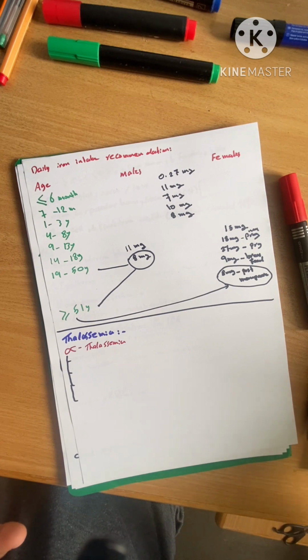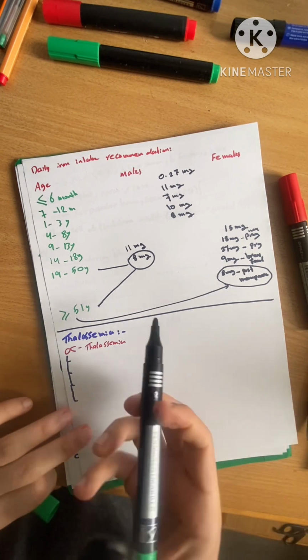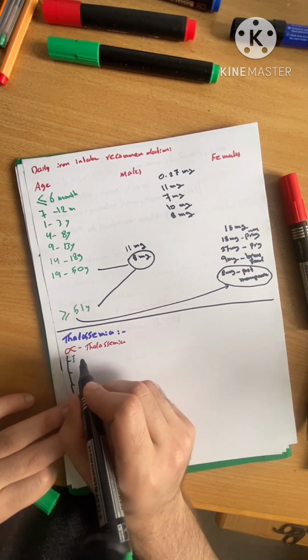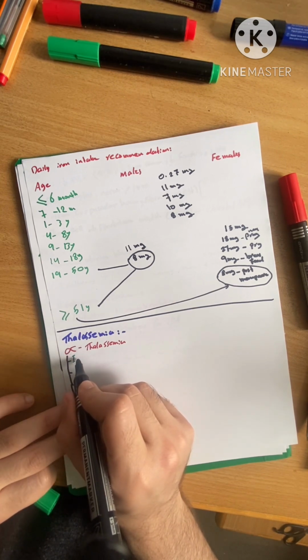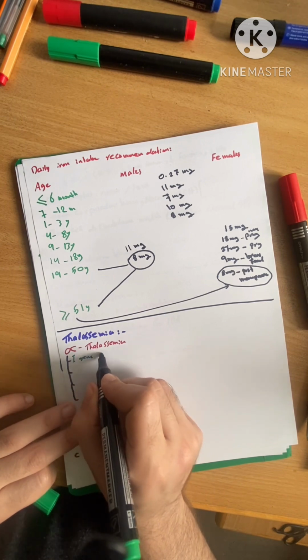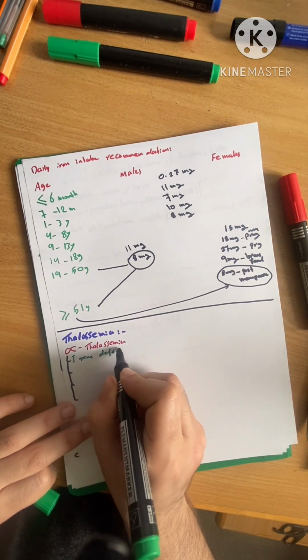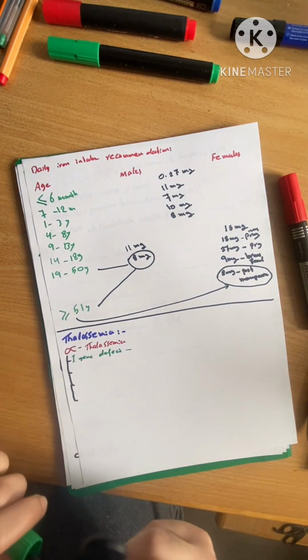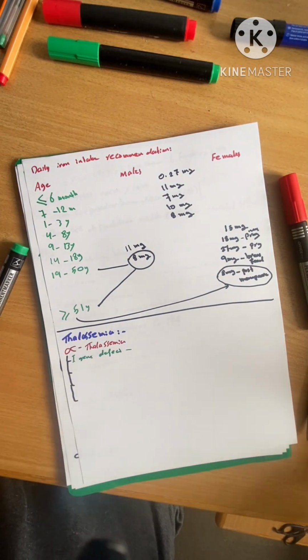First of all, we are having first degree, which is one gene defect. It's called silent anemia.